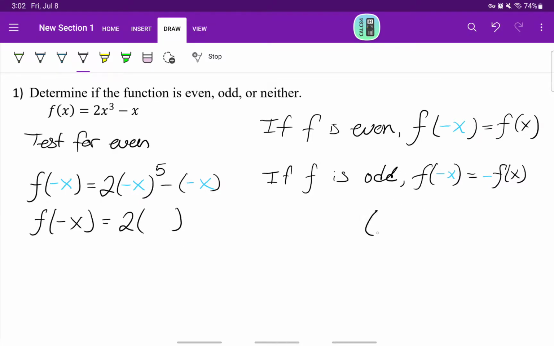Now, when we have negative x to the 5th power, that is the same thing as saying negative 1 to the 5th power times x to the 5th power. Negative 1 to the 5th power is negative 1. X to the 5th power is just x to the 5th. That is going to be negative x to the 5th power.